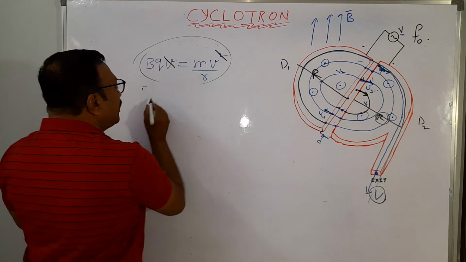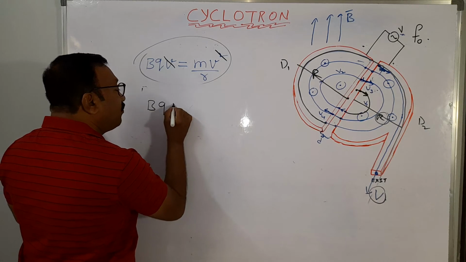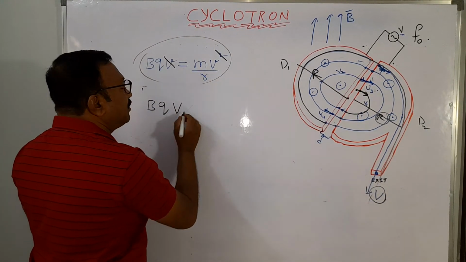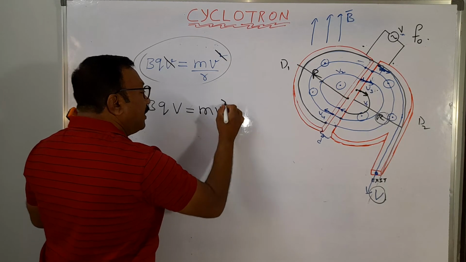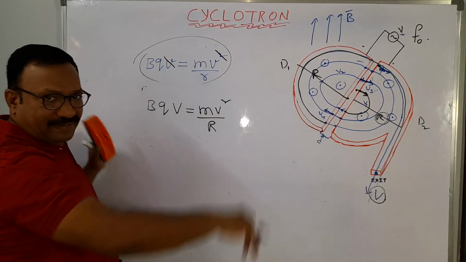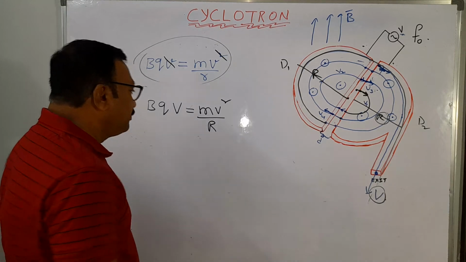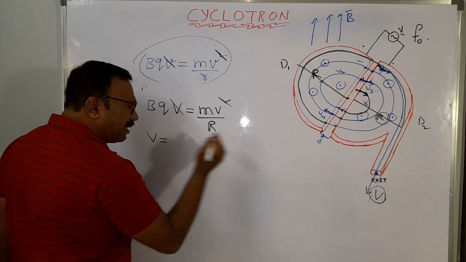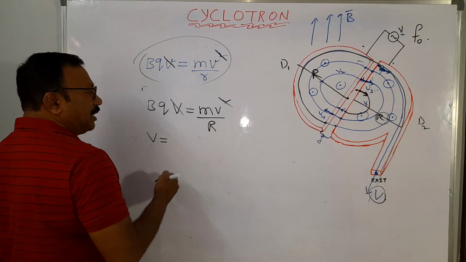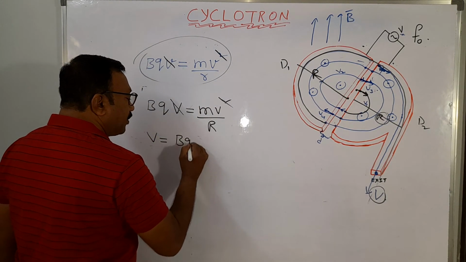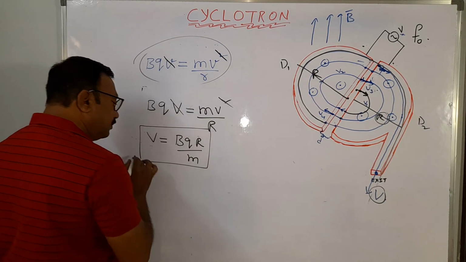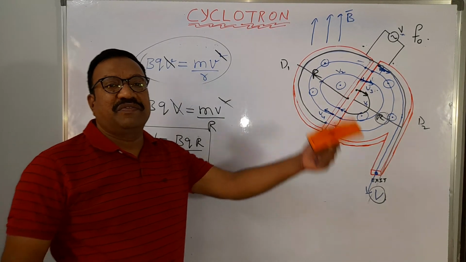Capital R. So BQV final is equal to M into V square by the final radius, because it is going to come out now. Therefore, the velocity of the particle with which it comes out is equal to BQR by M. This is the velocity with which it comes out.